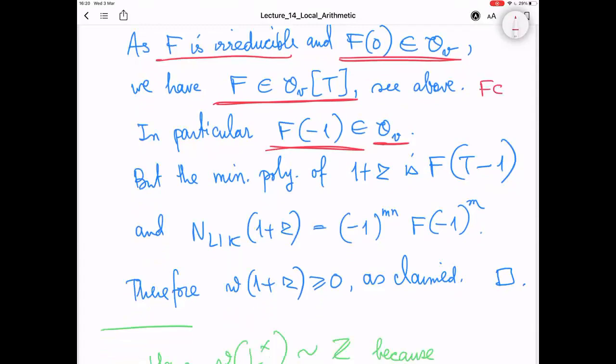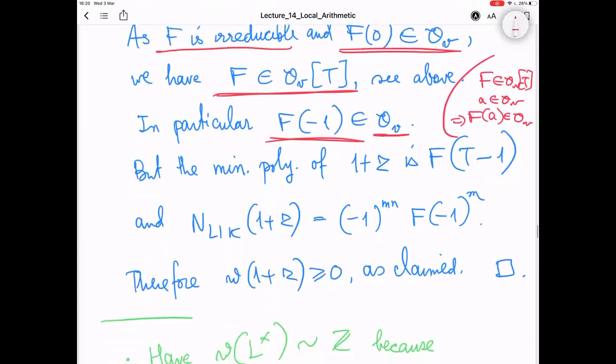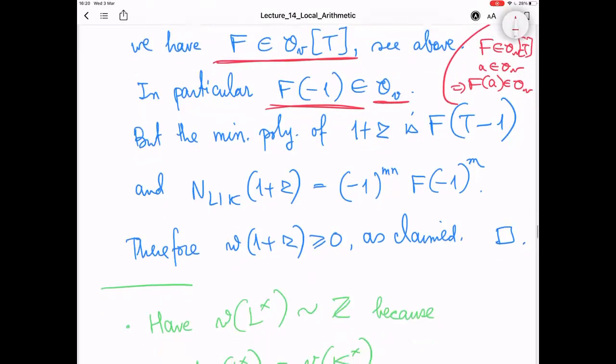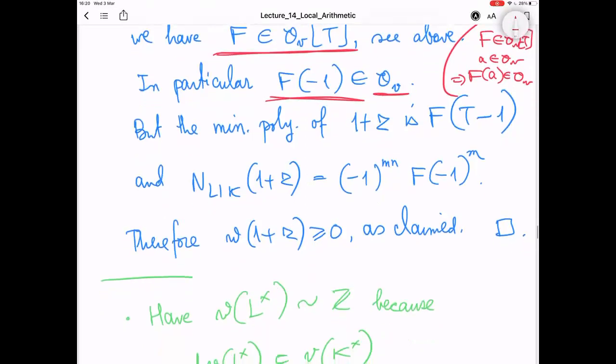If I have a polynomial in OV[t] and some a in OV, then of course f of a is in OV, right? But what is the minimal polynomial of 1 plus z?